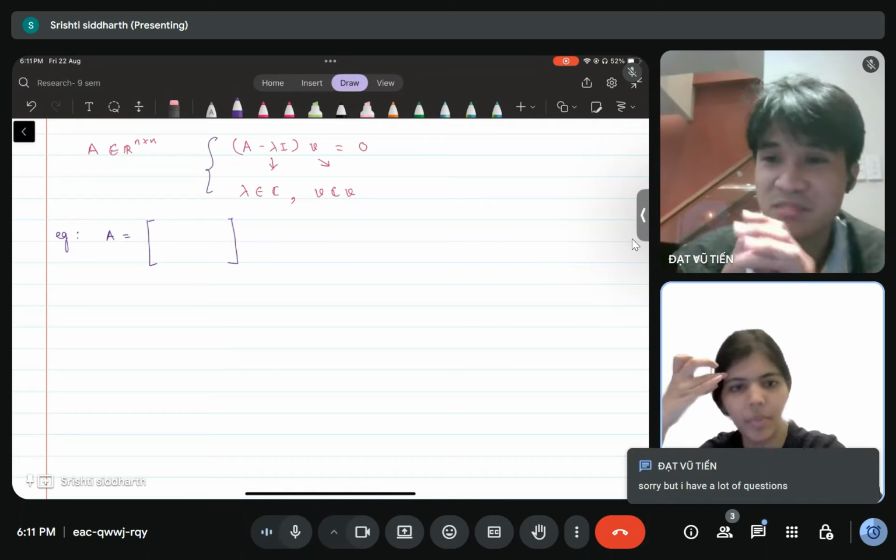For lambda equals 1 plus i, it's usually the real part is negative, but okay, let's try this.